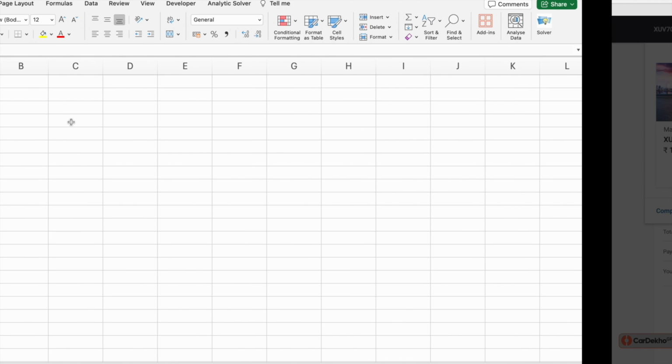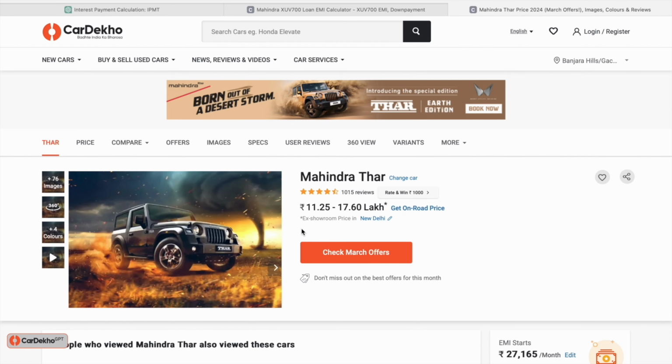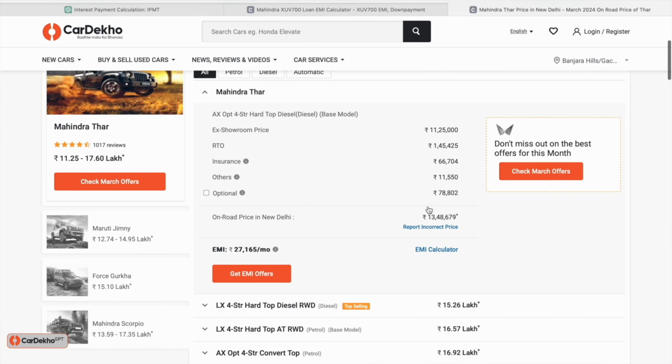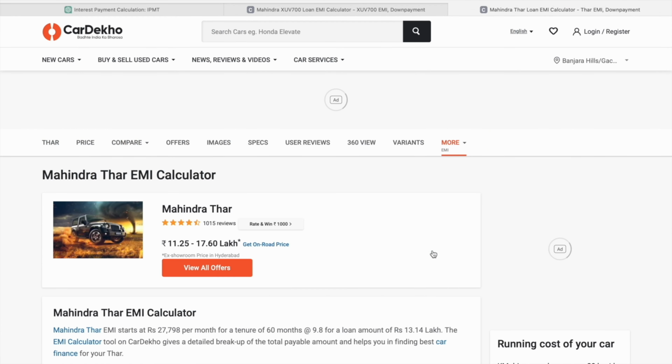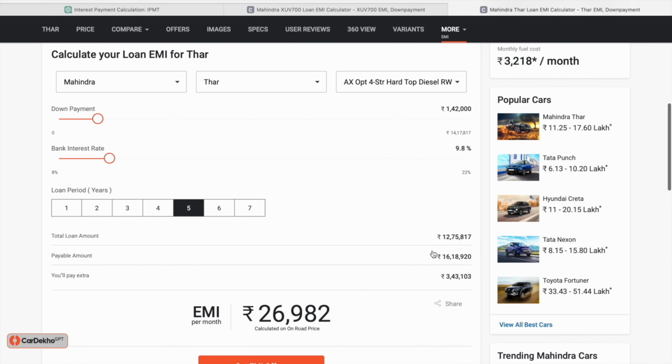In the same way, let's calculate interest for the Mahindra Thar. Let's see the on-road price, then click on the EMI calculator. Here also we are taking 9.8% as the interest, and the loan amount here is 12,75,817. So let's do this.